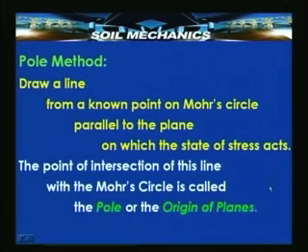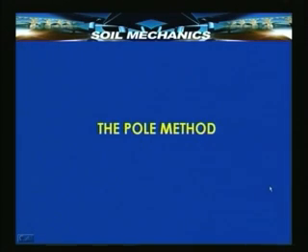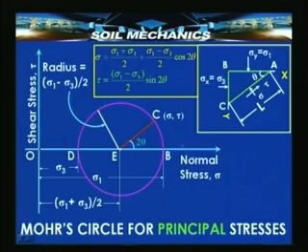The reason why we say this is very simple. If you see the previous slide, the point C was located by taking an angle 2 theta, measuring off an angle 2 theta with respect to the normal stress axis in the anticlockwise direction, because the plane CA made an angle theta with respect to the horizontal axis.